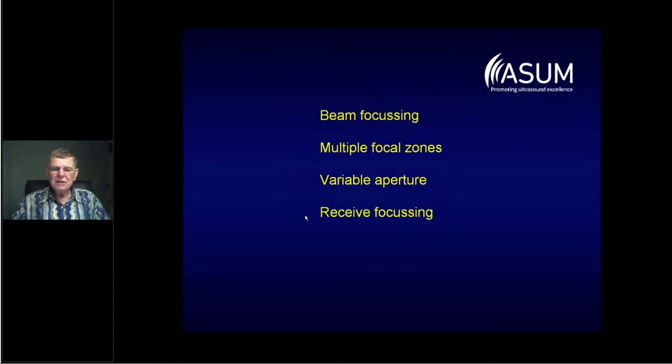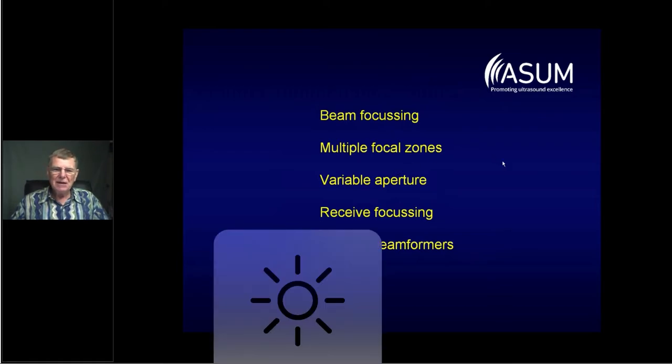I'm also going to discuss receive focusing, which is quite an interesting concept, and all ultrasound machines will incorporate the process of receive focusing. At the end, I want to touch on beamformers, at least the use of multiple beamformers. Most machines are now coming with multiple beamformers, and it's nice to know the advantages of those.